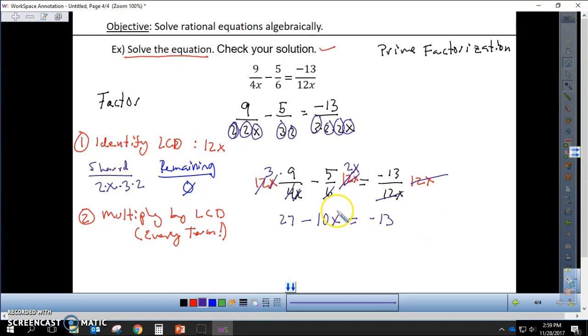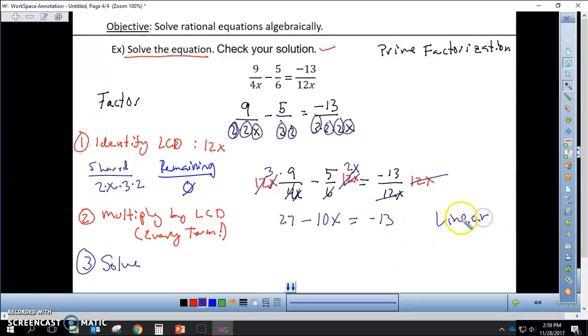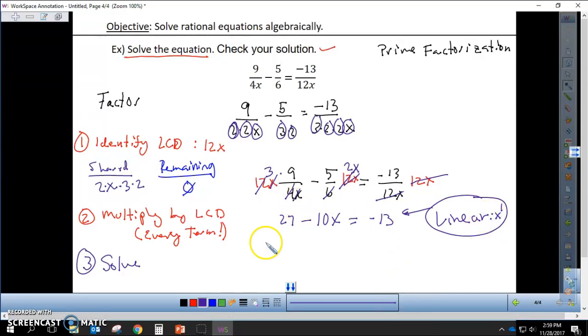Okay, so I want to solve this. Since this is linear, meaning x to the first power, I can just swing my 27 over here.